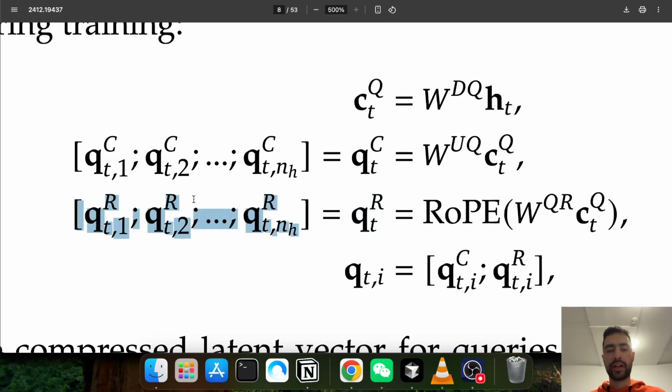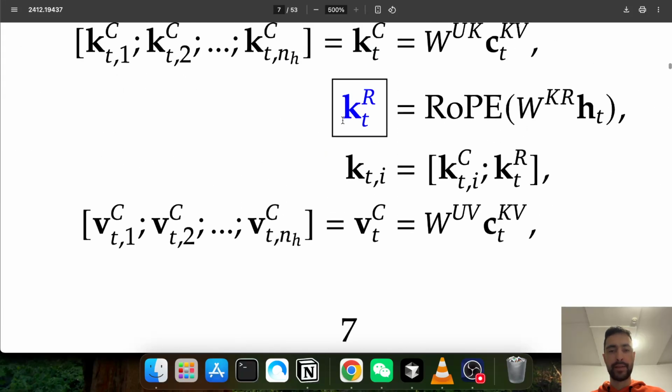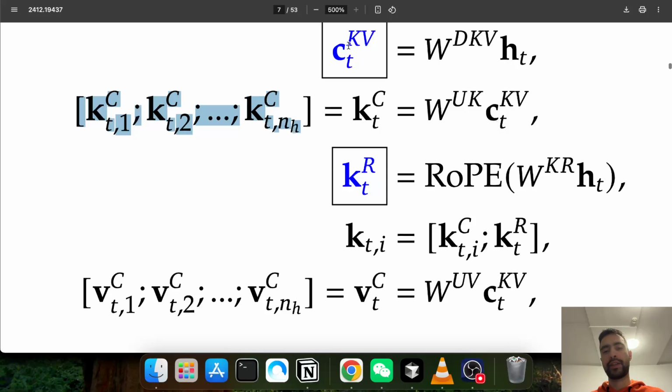And then we just concatenate the first head of the query with the first query head that contains relative information like this. So for each of the heads, we create each of the query heads by concatenating the latent query and the relative positional encoding query. You will notice that before we had the same key positional encoding for every one of the latent key heads that are created from this latent vector.